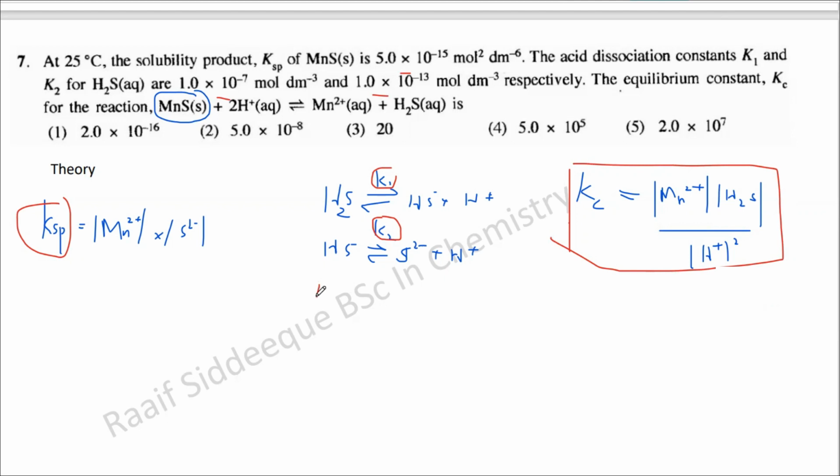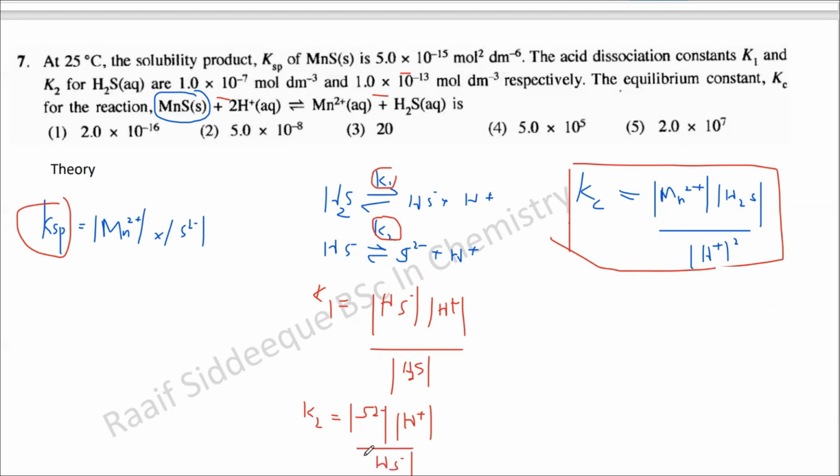This K1 is equal to HS- concentration times H+ concentration over H2S concentration. And this K2 will be equal to S2- concentration times H+ concentration over HS- concentration.